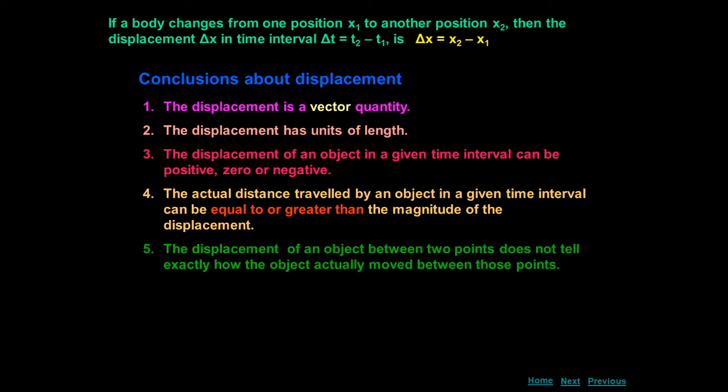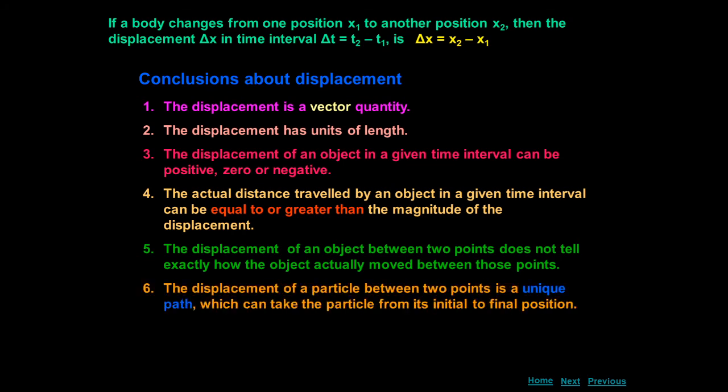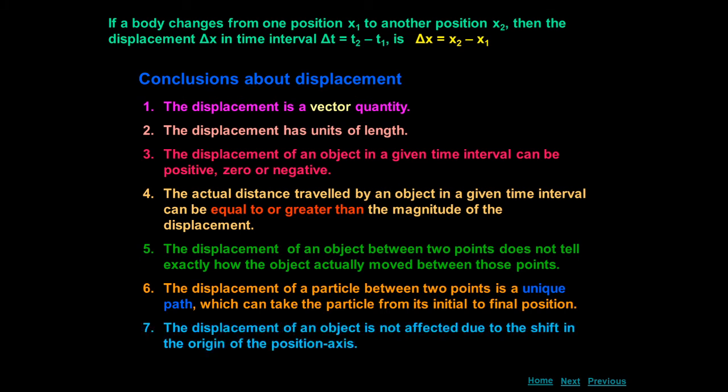The displacement of an object between two points does not tell exactly how the object moved between those points, because displacement only gives the idea between the initial and final position. The displacement of a particle between 2 points is a unique path which can take the particle from its initial to final position.